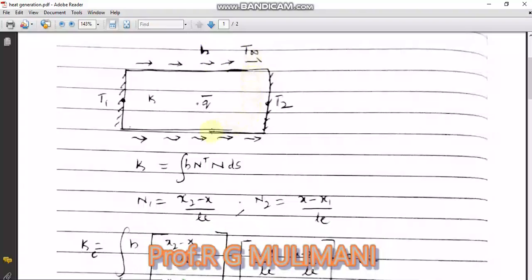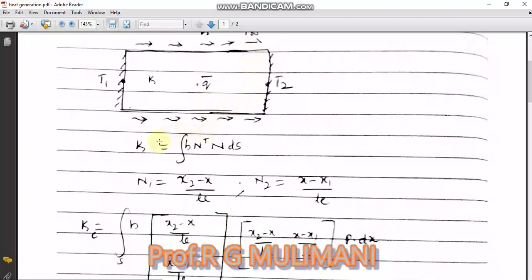To find the stiffness matrix due to convection, that is, due to heat generation, we consider this equation: the integration of H times N transpose N dS. Why dS here? It is the surface.